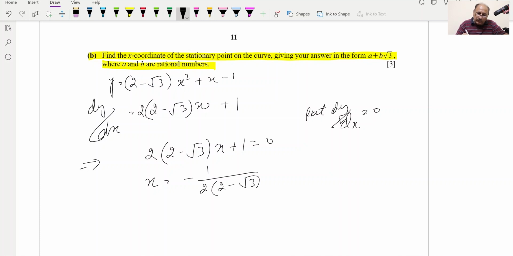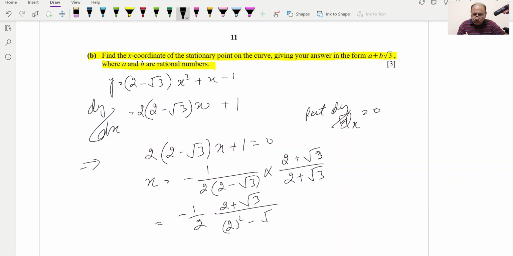Yes, and now we can rationalize the denominator. To rationalize the denominator we will take the opposite sign, and over also the same thing, and this will be minus 1 by 2 we can write separately, and numerator 2 plus √3, and this will be 2 squared minus √3 squared, and this will be equal to (2 + √3) and minus 1 by 2.